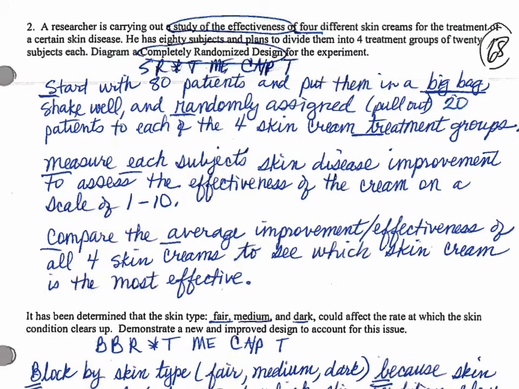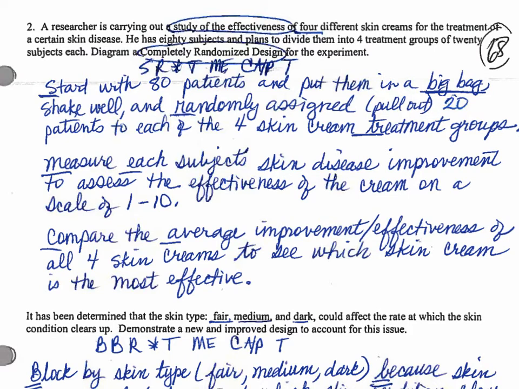Shake well and randomly assign 20 patients to each of the, what is the T in the song? Treatments. State your treatments very well. So there are 4 skin cream treatment groups. Do you have to say treatment group?